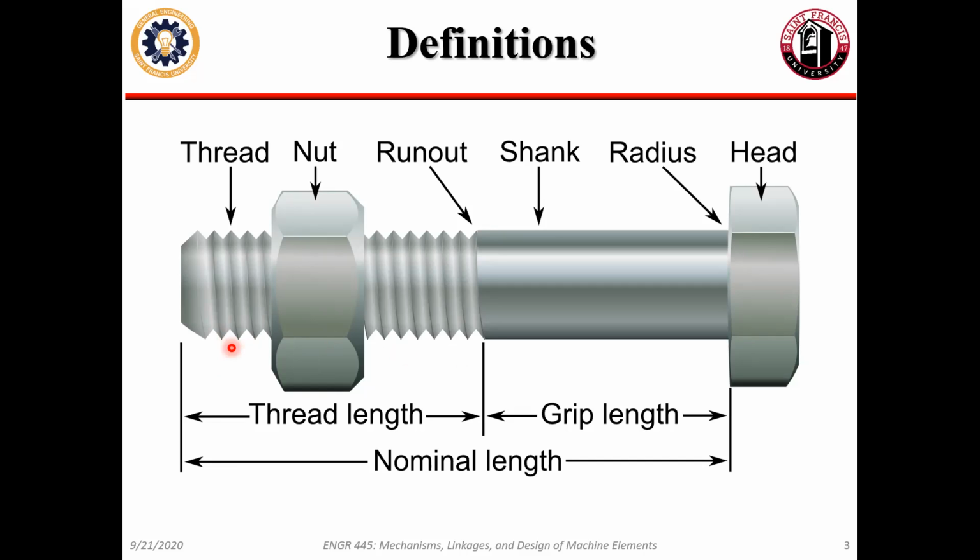It's how it screws into things. That helix engages with a matched helix on another object. This particular example of a screw has a shank to it, or an unthreaded section.